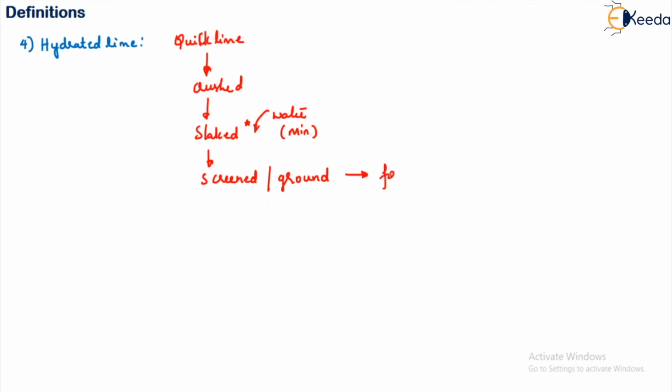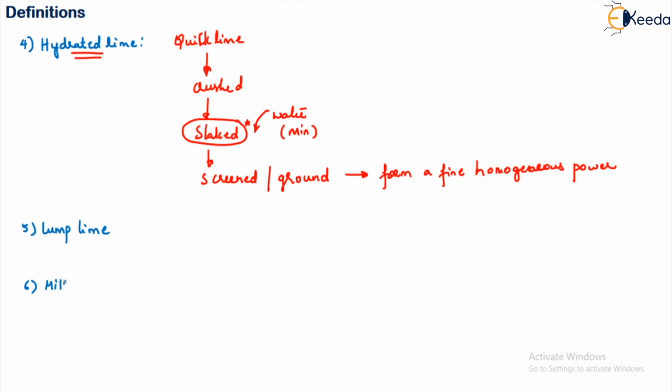So this generally forms a very fine homogeneous paste or homogeneous powder, and this homogeneous powder that is produced is called the hydrated lime. Because it is manufactured by slaking, we call it hydrated lime. And the fifth definition is lump lime, and the sixth definition is the milk lime.